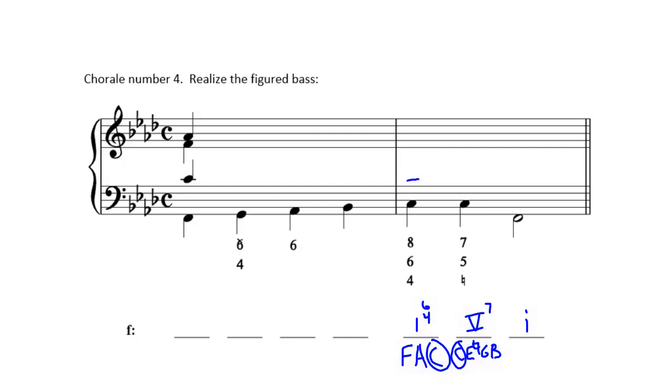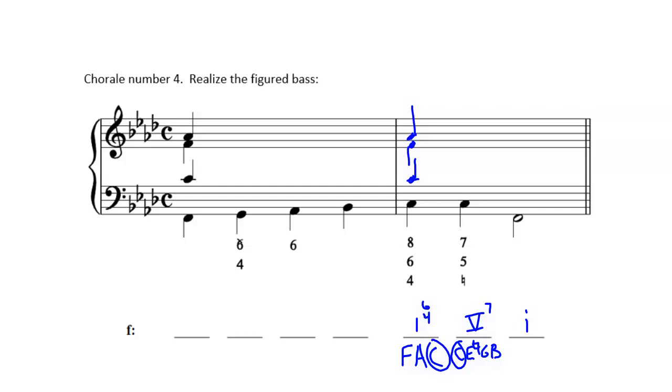that we have this with a C in the tenor and the F in the alto and the A in the soprano. Okay, so I'm going to bring all of those down by step to get to that.